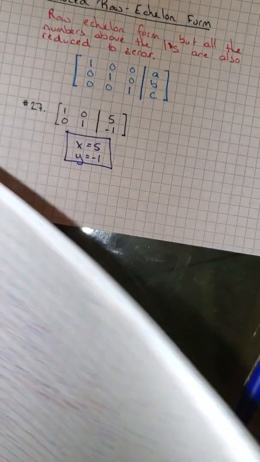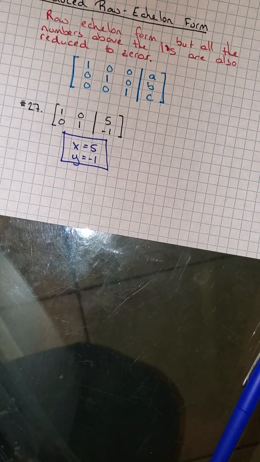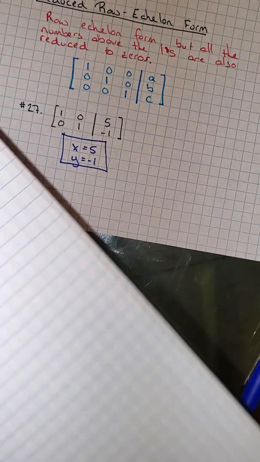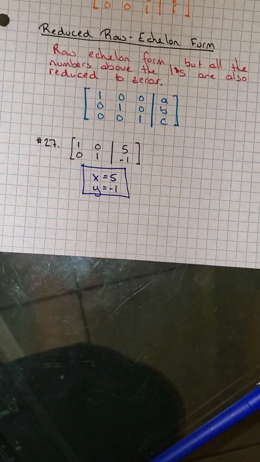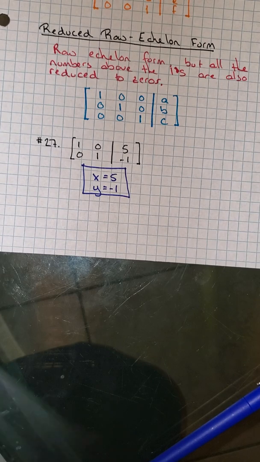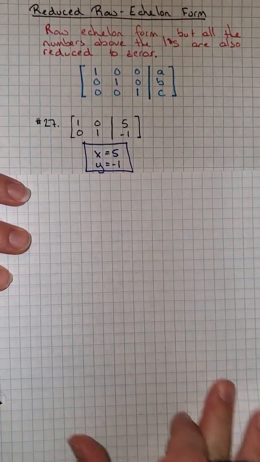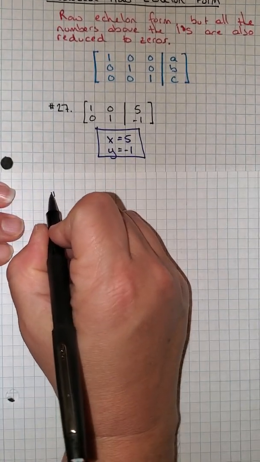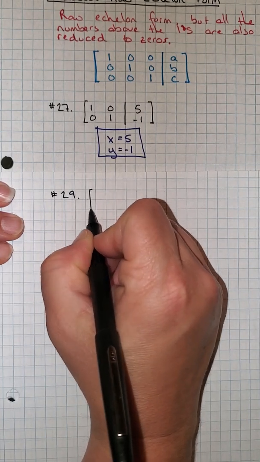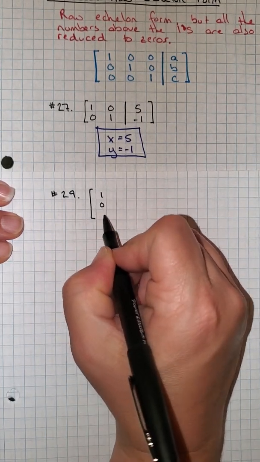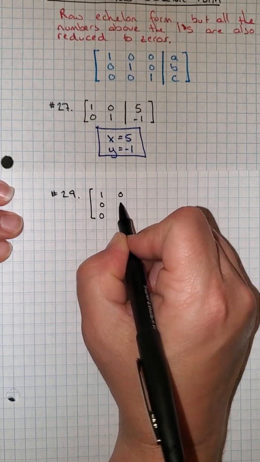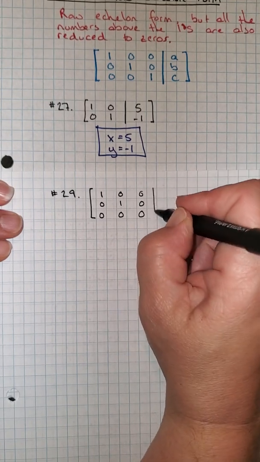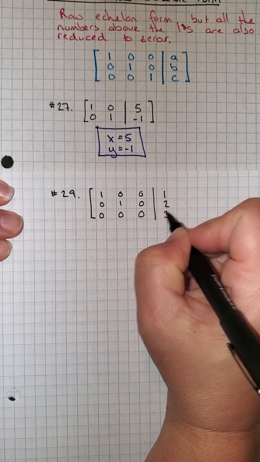All right, let's look at number 29. It's a little different. I'm going to flip this page here. All right, so 29. We have 1, 0, 0, 0, 1, 0, 0, 0, 0, a little different, and then 1, 2, 3 to the right of the vertical.